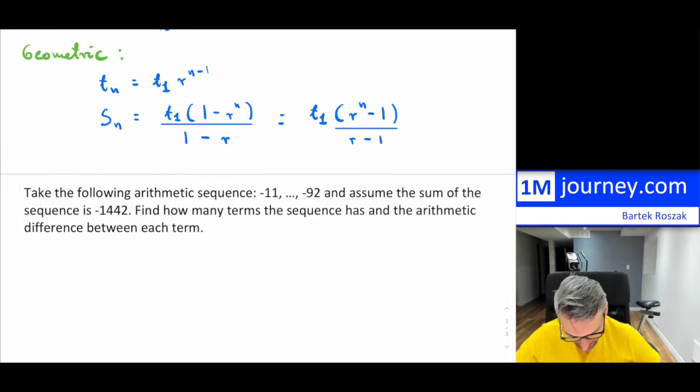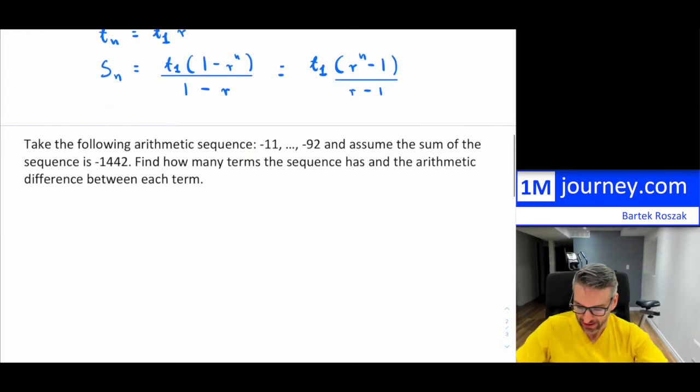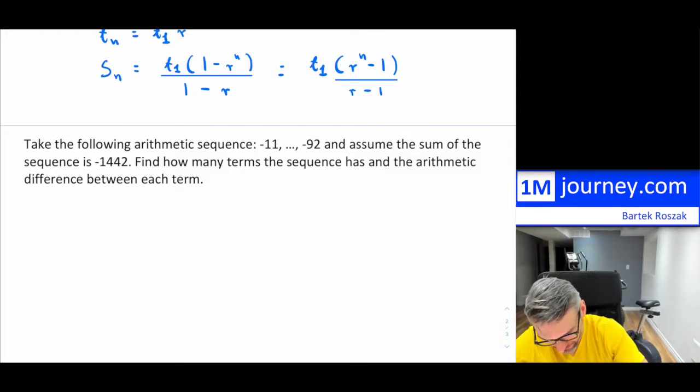Okay, so how we're going to try to solve these. Take the following arithmetic sequence. We have -11, and then it continues on to -92. We're going to assume the sum of the sequence. Okay, so they give us the sum. Let's just write it down. We have T1, our term number 1, which is -11.